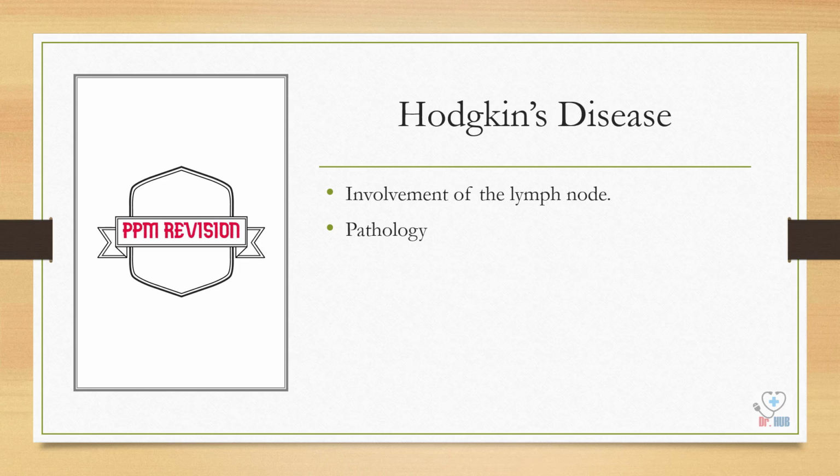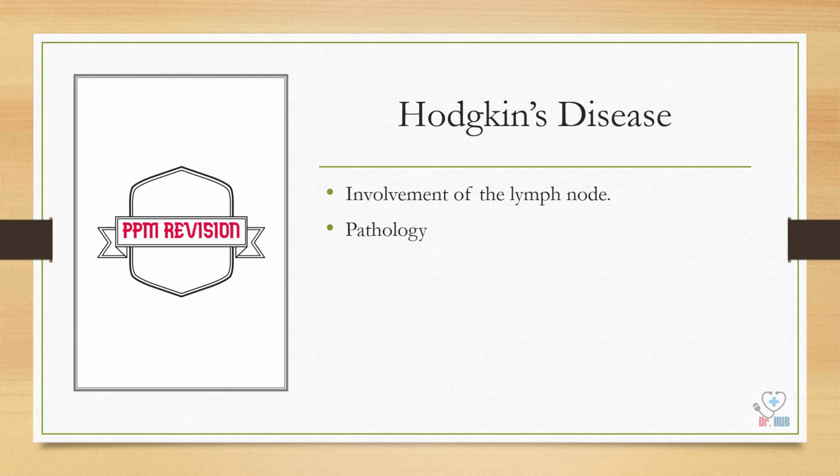It is mainly present in young adult males rather than females, and the most diagnostic feature is presence of the RS cell, that is the Reed-Sternberg cell or Dorothy Reed-Sternberg cell. Another diagnostic method is biopsy.